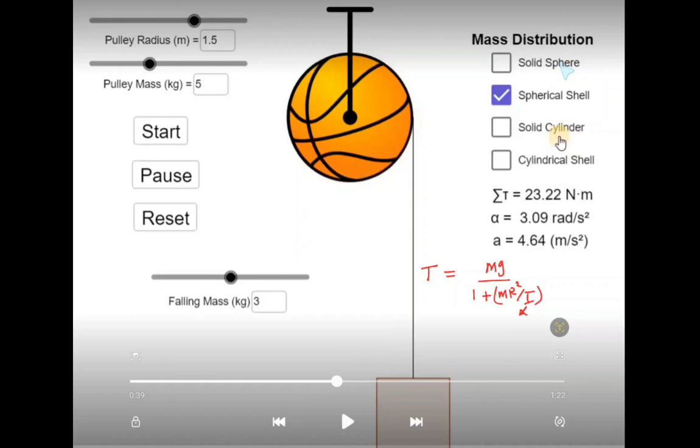For the solid sphere, it's equal to 2 over 5 m r square, and for the spherical shell, it's equal to 2 over 3 m r square. For that reason, the net torque here we obtained is different.